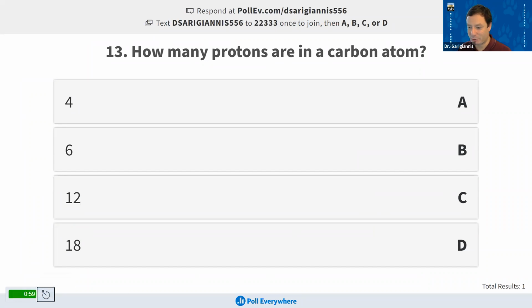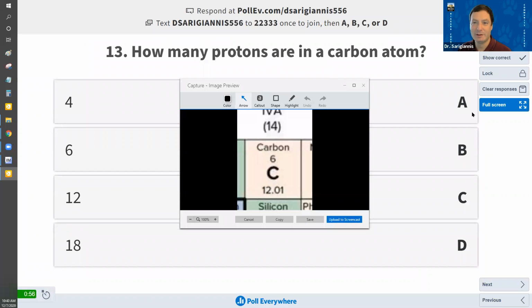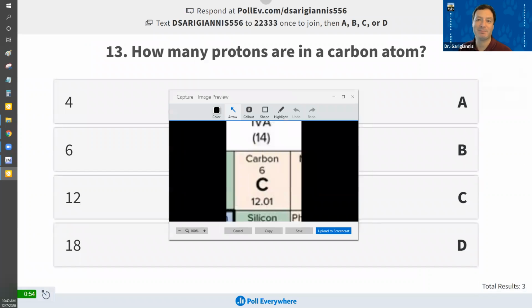All right, so how many protons are in a carbon atom? I have the screenshot of carbon on the periodic table. How many protons are in a carbon atom? Go ahead and respond to that.